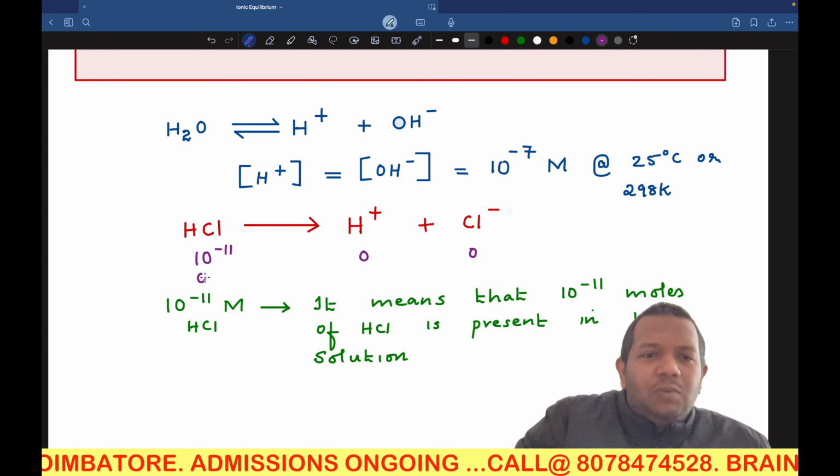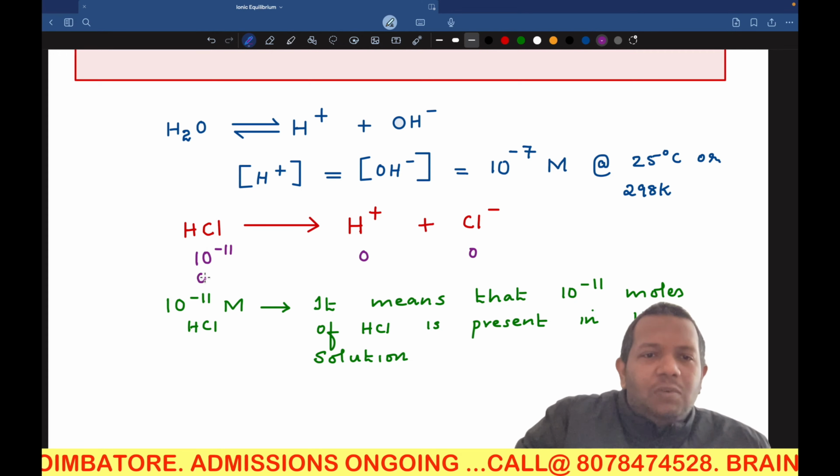So how can you add it up? This is again 10 power minus 7 times, and 10 power minus 4 is nothing but 0.0001 plus 1. Now I can add it and put it like 1.0001 into 10 power minus 7.